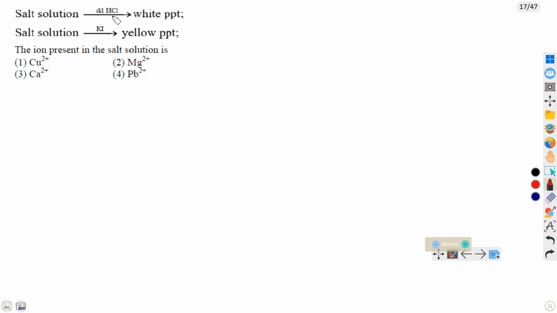Salt solution reacts with dilute HCl, then it gives white precipitate. Salt solution reacts with KI, then it gives yellow precipitate. The ion present in the salt solution is Pb2+. How? Pb2+ reacts with the HCl, Cl minus ions, then it gives PbCl2 precipitate.